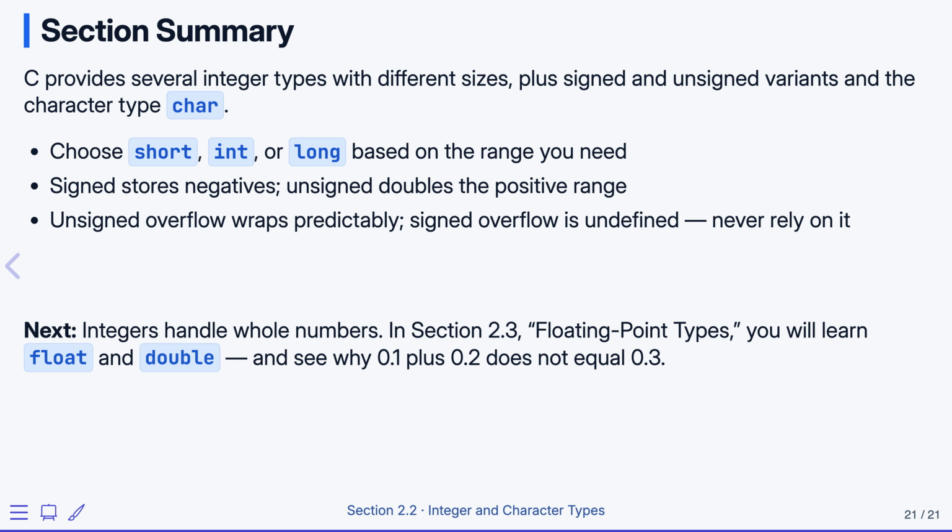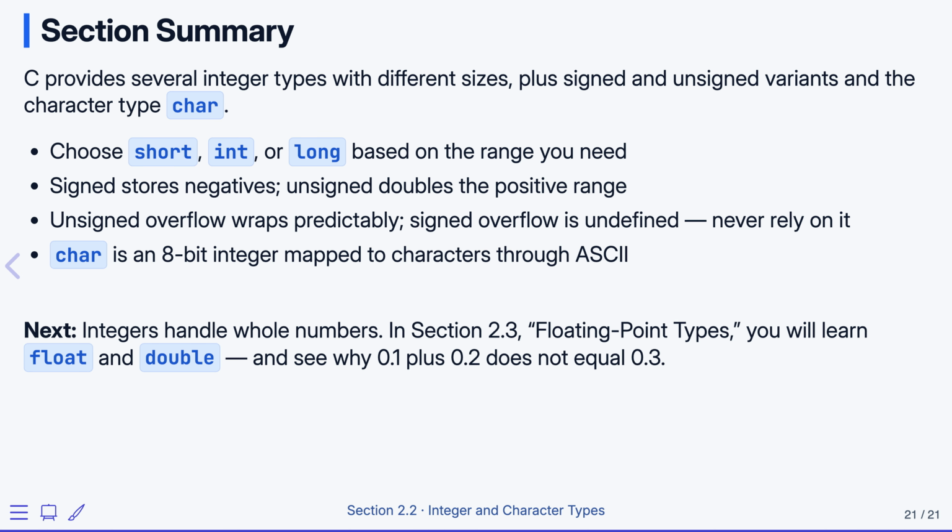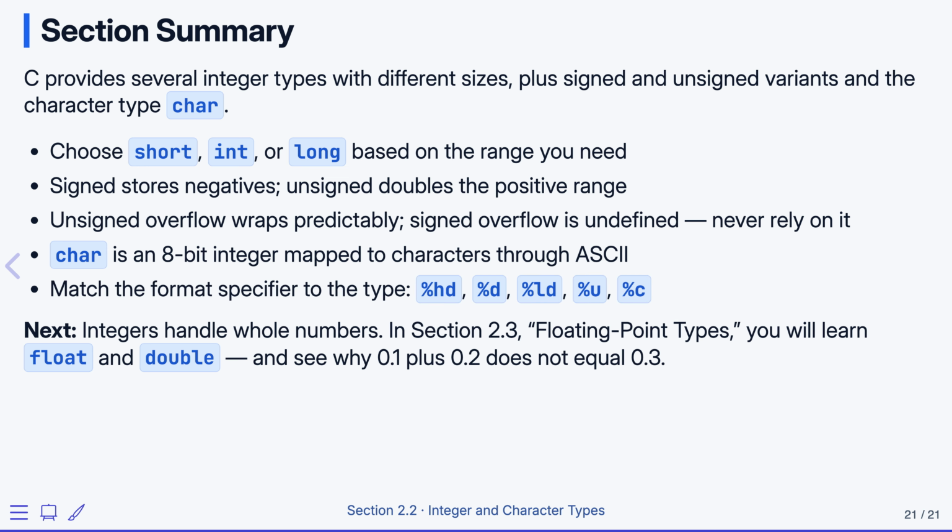Signed overflow is undefined, so never rely on it. Char is an 8-bit integer, mapped to characters through ASCII. And match the format specifier to the type. %hd for short, %d for int, %ld for long, %u for unsigned, and %c for characters.